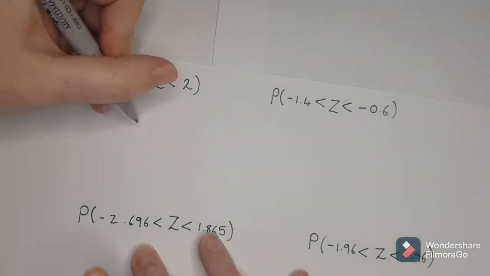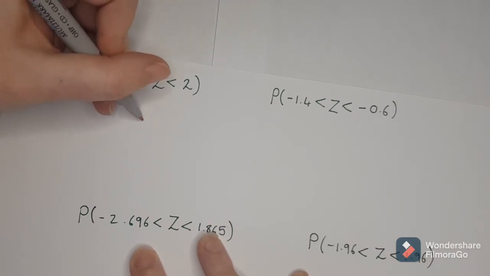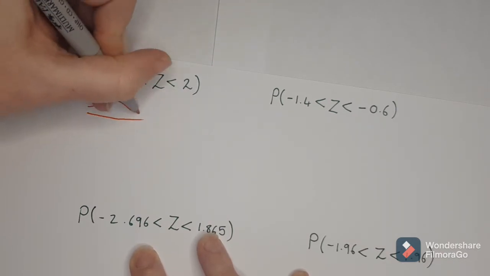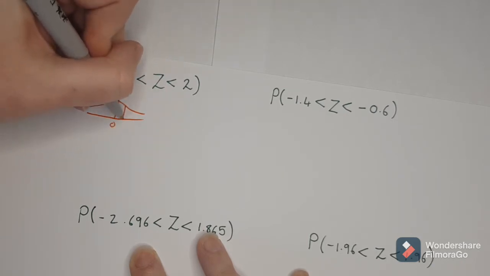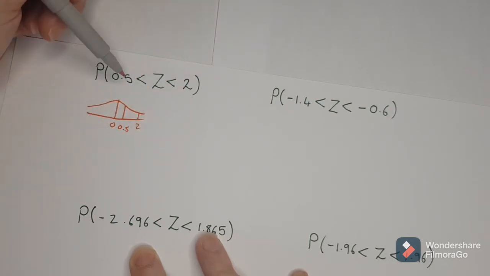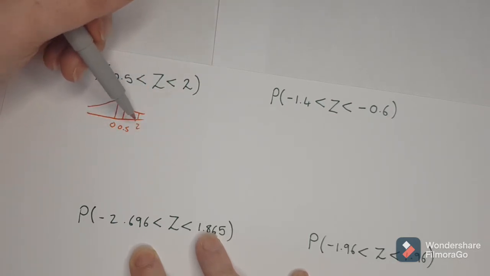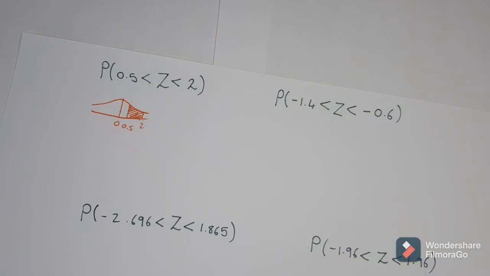But now, for example, here I want greater than 0.5 but less than 2. So if I drew a curve with my 0 in the middle, I've got 0.5 and I've got 2. And I want where it's greater than the 0.5 and less than the 2. So I want everything in the middle over here. So I want an area in between two things.